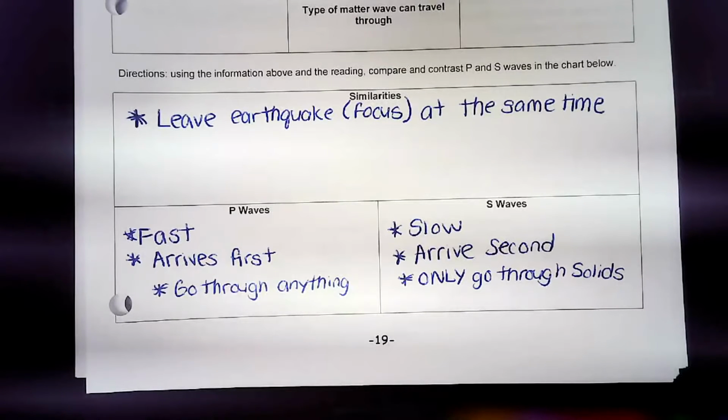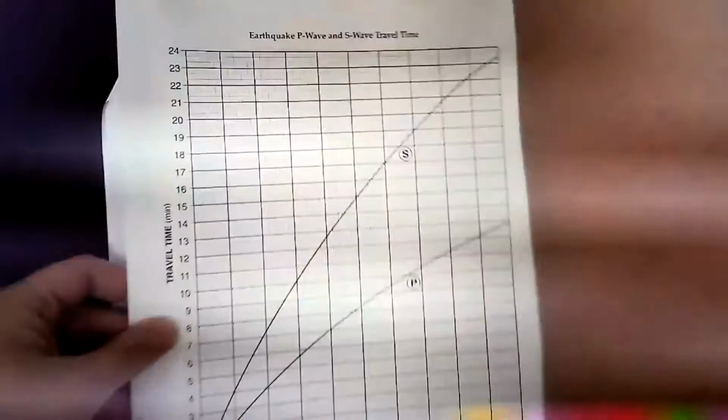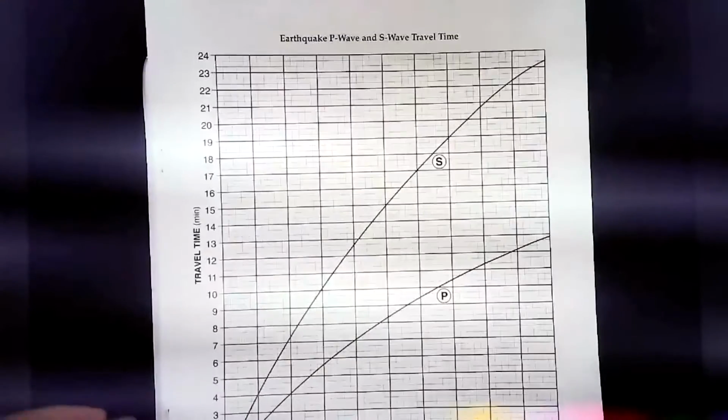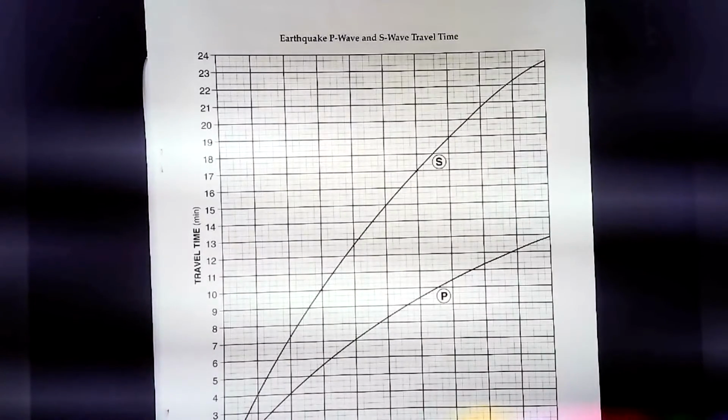And that's going to lead us to page 11 of your reference table. So if you could all turn to page 11 of your reference table. On page 11, first of all, you can see it's titled Earthquake, P and S wave travel times.